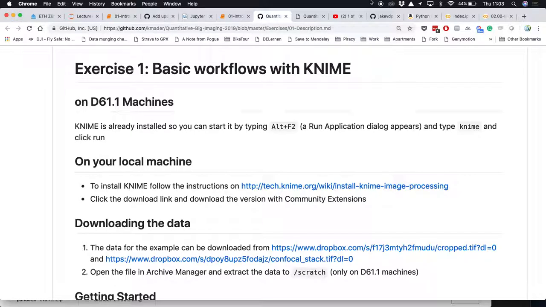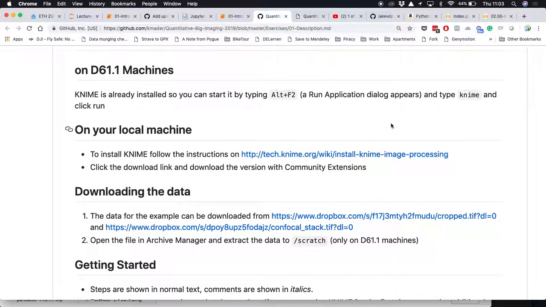If you're in electrical engineering or BME, you should have access to these computers through your normal ETH account, so you can do things there. But I think for most of you, using your laptops or your own machines is probably a better way to start out, because then you can continue doing your analysis after the course ends and don't have to move everything over. But if you want to use the machines, you're more than welcome to.